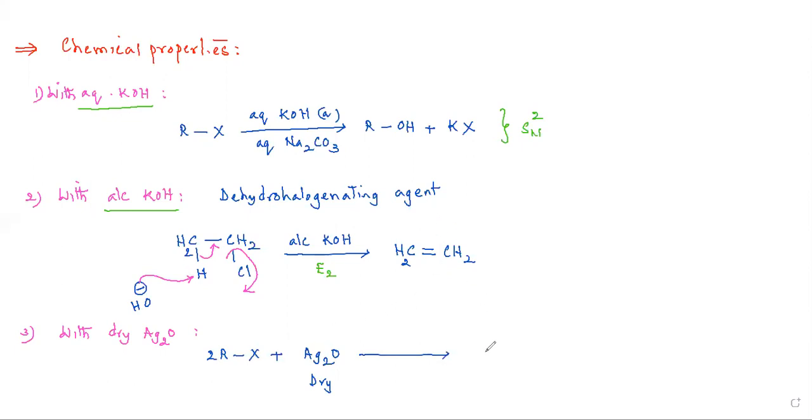So in this case, we get R, O, another R with silver halide as the byproduct. So a preparation method of ether. This is what we get with dry silver oxide.